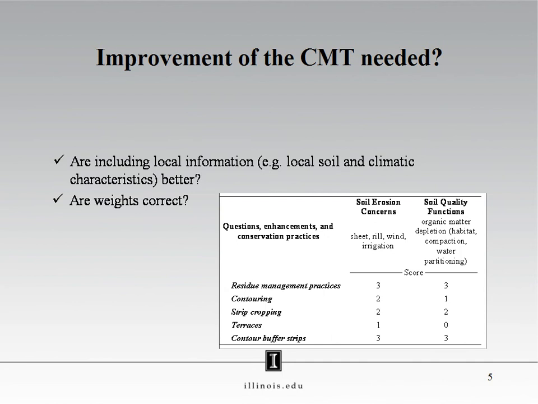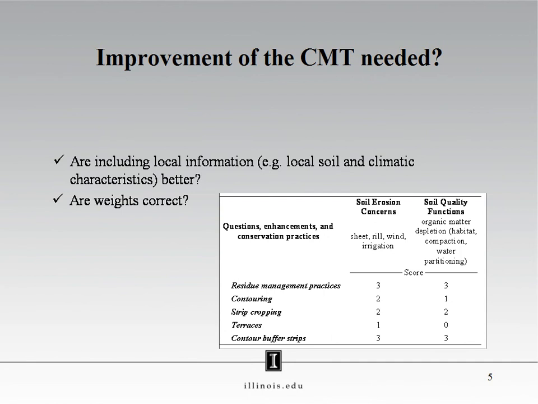Also, various ways to evaluate the effect of the management practice on resource concerns are needed to evaluate whether the scores used by the CMT questionnaire properly estimate the benefit derived from the use of the various management practices.